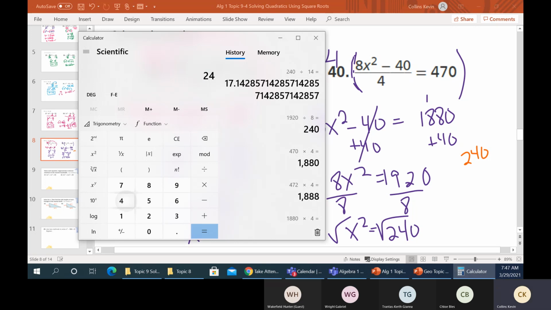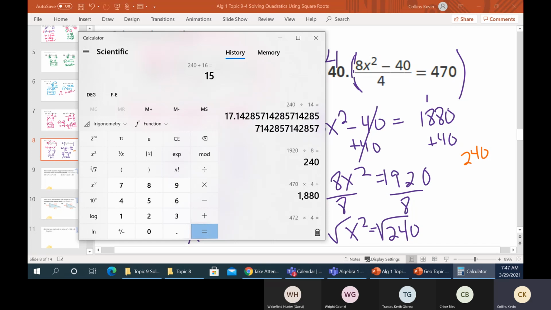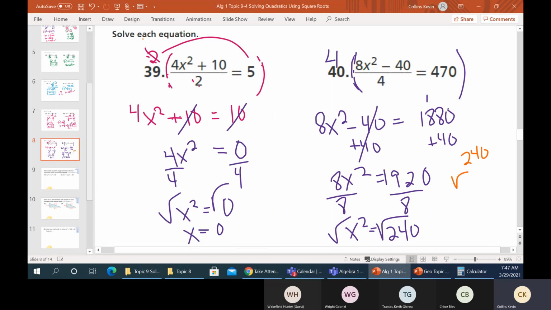So if we do 240 divided by 16, outstanding. 16 times 15. So then this would become the square root of 16 times the square root of 15. But we know that the square root of 16 is 4, and we can't do anything with the square root of 15, so we're going to leave that. So that was a great choice. And then plus or minus, and then x equals plus or minus 4 times the square root of 15. Excellent. Great job.